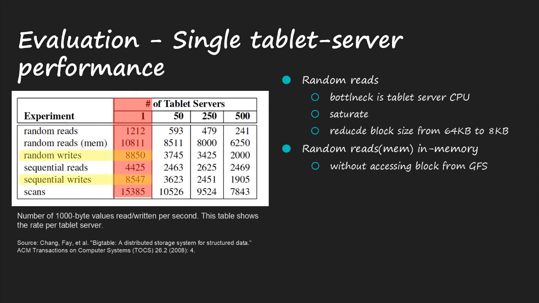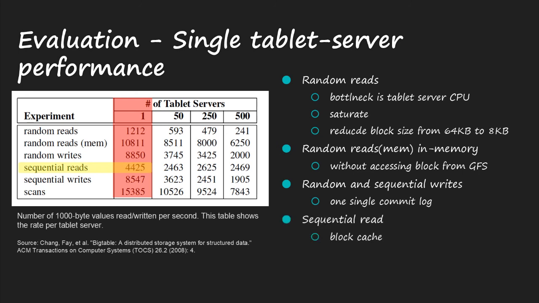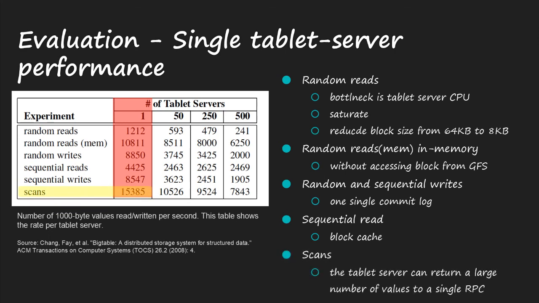For random write and sequential write, it performs well because we have the single commit log strategy. For sequential read, it also performs well because of the block cache, with no need to access the disk. And for the scan, it benefits from the ability of the server to return a large number of values in a single RPC.